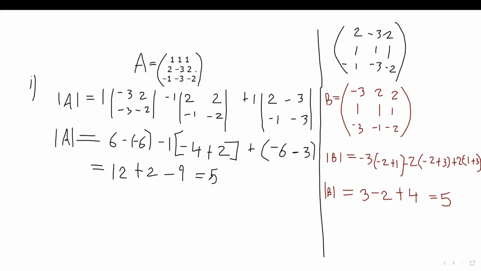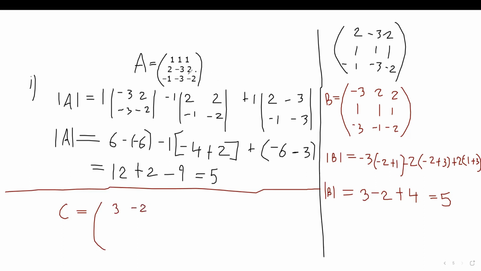We're going to make a new matrix C by changing row 1, by adding row 1 and row 2. So 1 plus 2 is 3. 1 plus minus 3 is minus 2. 1 plus 2 is 3. They will leave row 2 as it is, 2, minus 3, 2. Then you have minus 1, minus 3, 2.